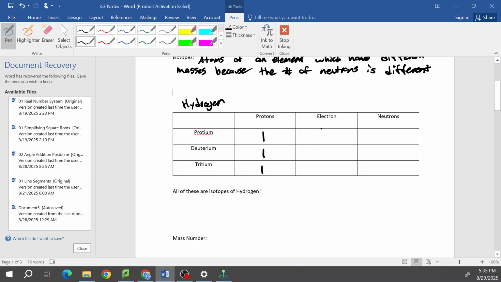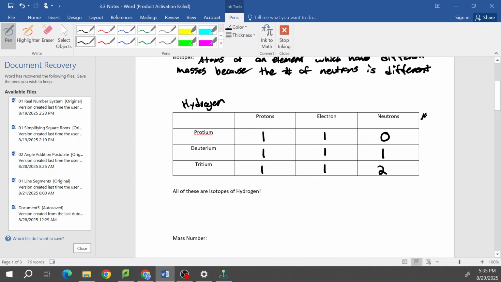So all 3 of these isotopes have 1 proton. Because we're dealing with neutral atoms, they're also all going to have 1 electron. However, they do differ in the number of neutrons. Protium has 0 neutrons, deuterium has 1 neutron, and tritium has 2 neutrons. The only thing that changes is the number of neutrons.